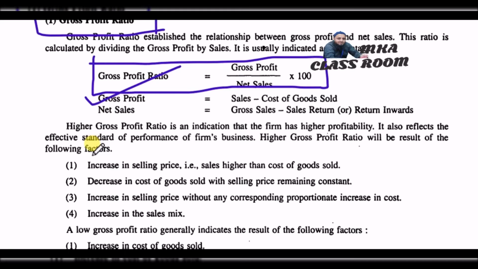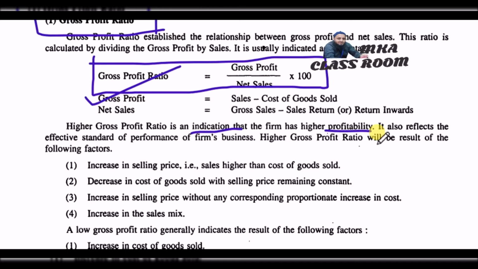A higher gross profit ratio is an indication that the firm has higher profitability. It also reflects the effective standard of performance of a firm's business.